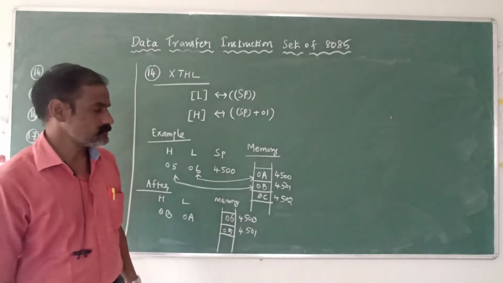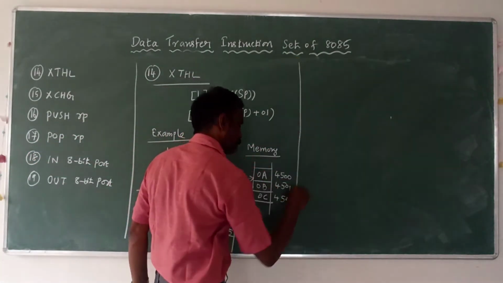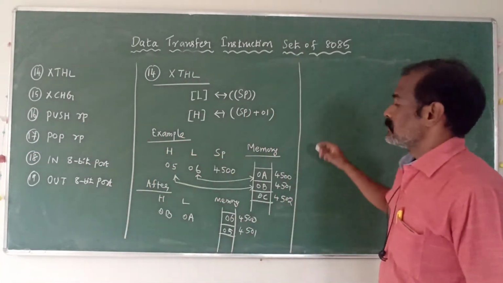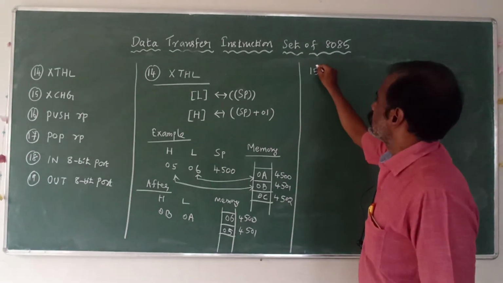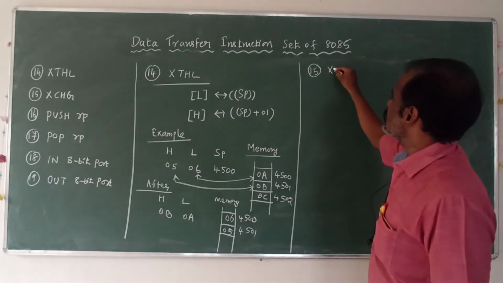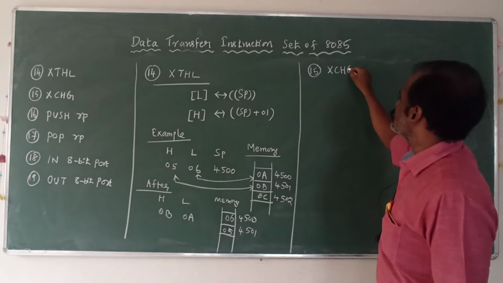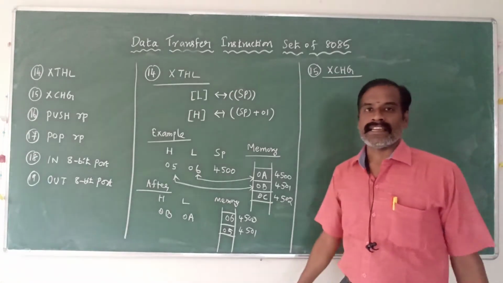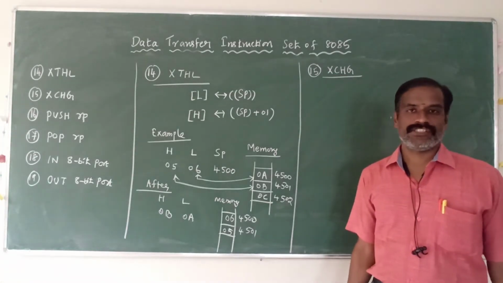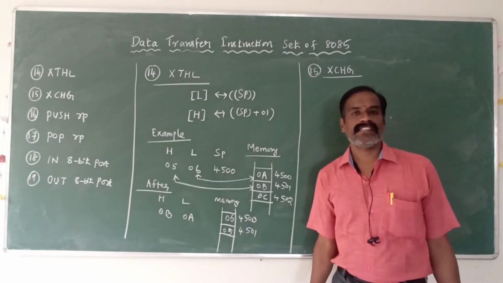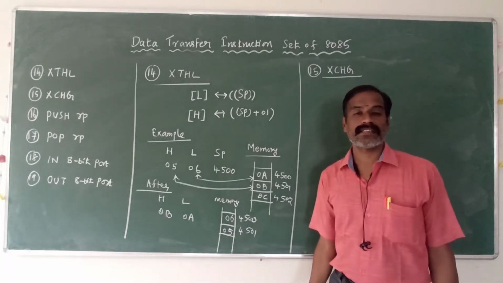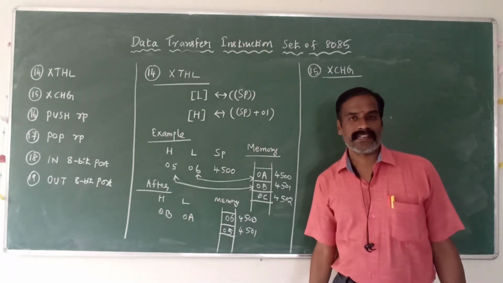Okay, next one. Instruction number 15, XCHG. XCHG means exchange the HL pair with the DE pair, not some other register pair.